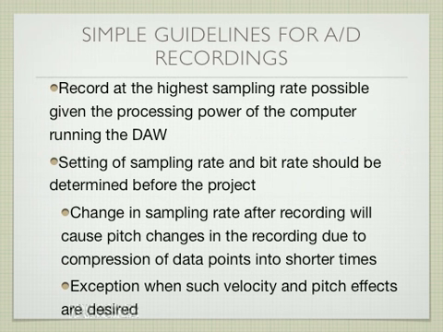For every second on a 96 kilohertz sample, we are supposed to have 96,000 points. If your original recording is only 48,000, essentially we are taking 2 seconds of that data and compressing it into 1 second, so you get a doubling of your pitch. The exception is when such velocity and pitch effects are desired as part of your recording, and that is a creative process you have to determine beforehand as well.